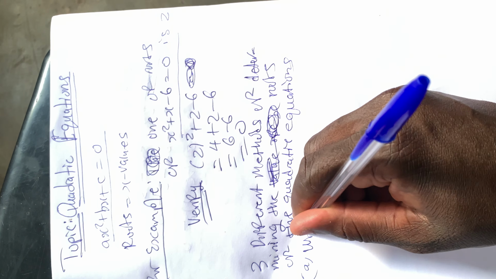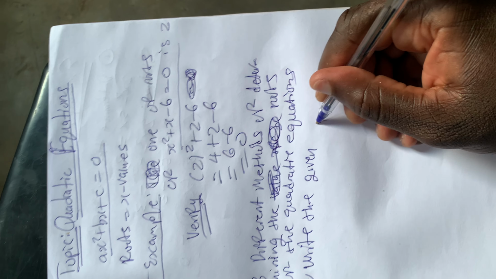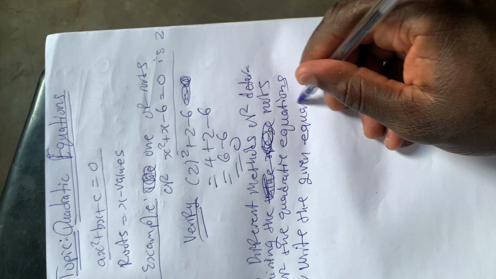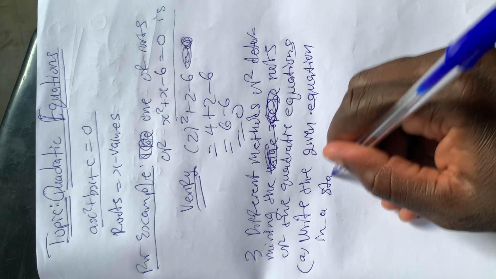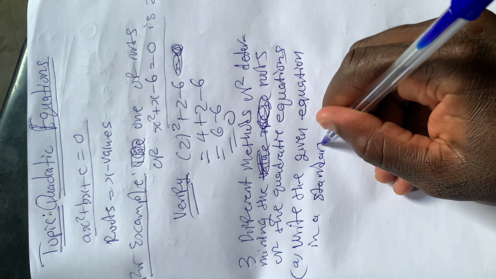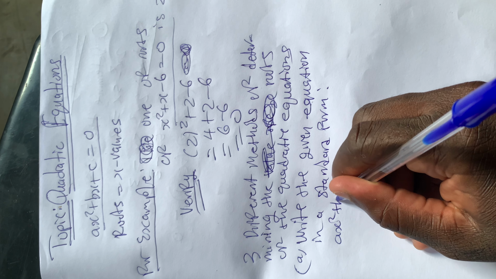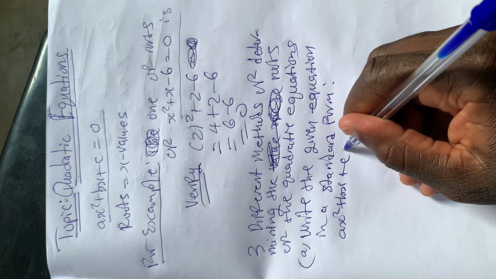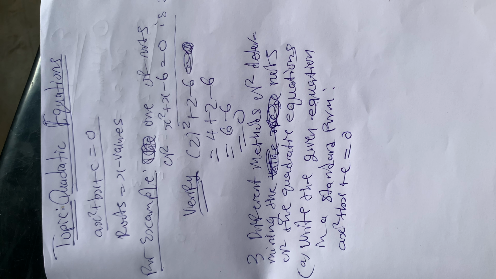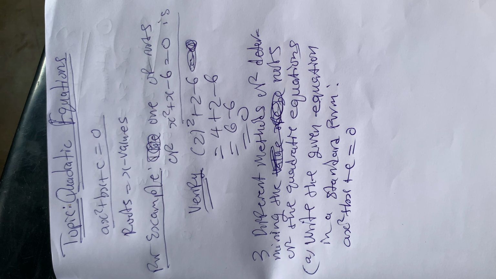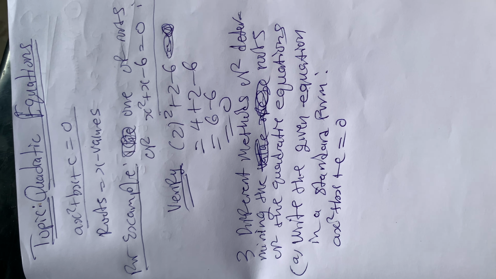Write the given equation in a standard form, that is ax squared plus bx plus c equals 0.